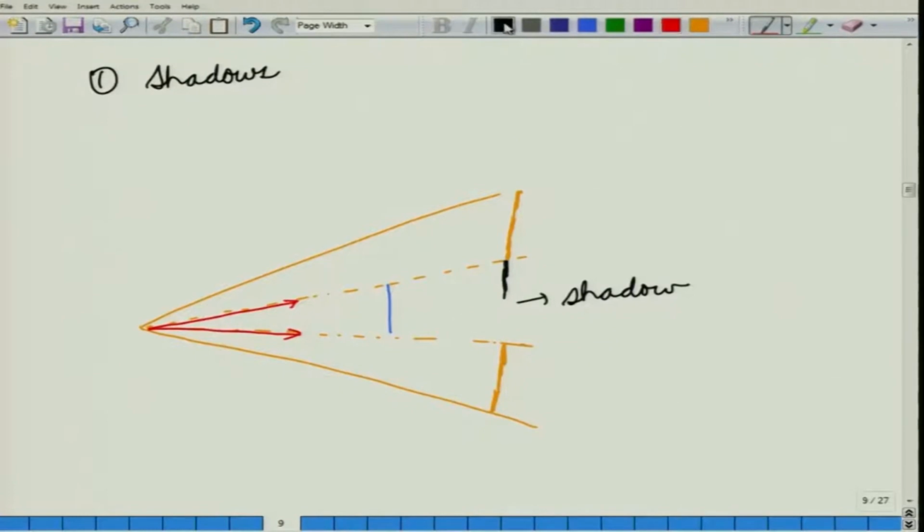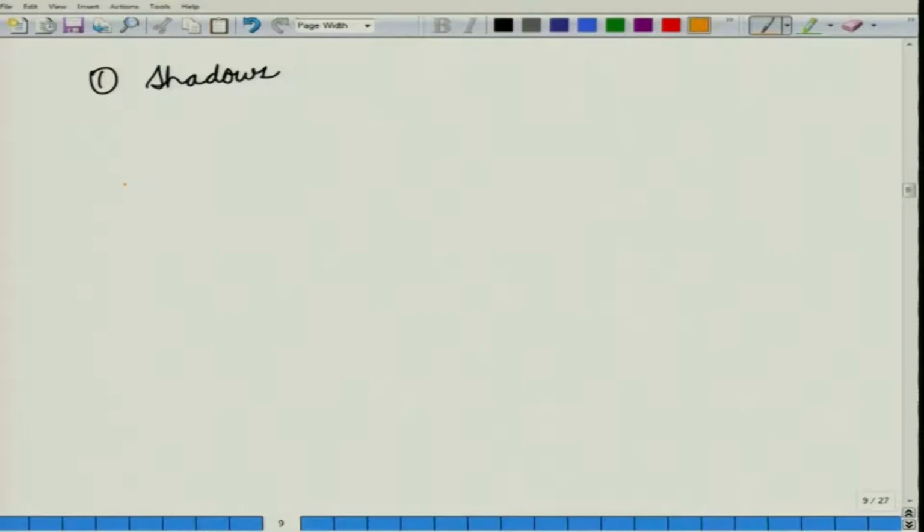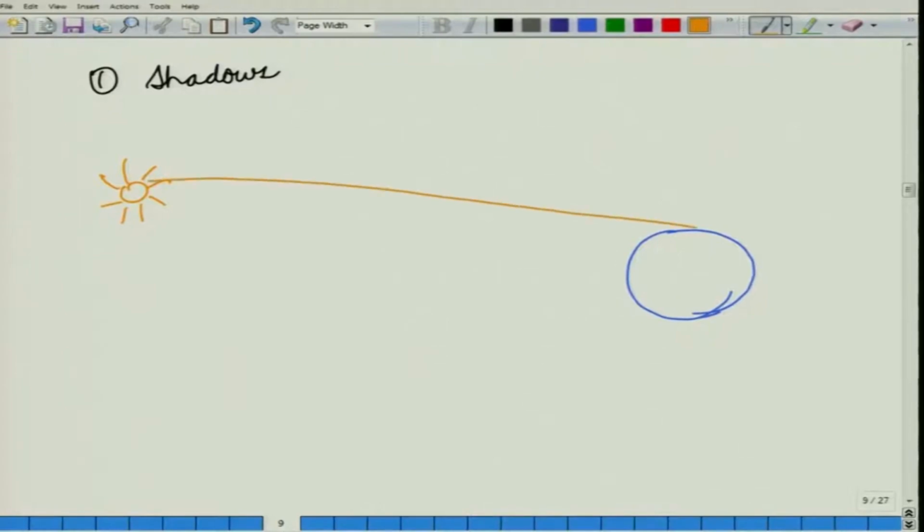The second concept would be to know about how these rays of light are at a distance. So, for instance, if we consider the sun and we have the earth that is at a very great distance from the sun, here the rays of light would appear to be nearly parallel.